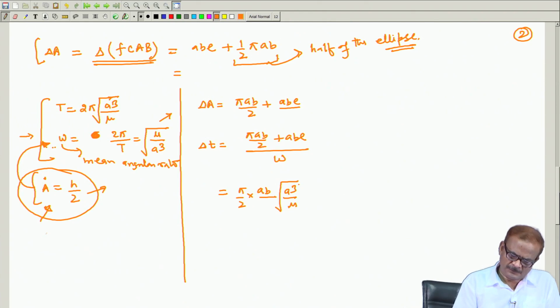Also, one thing we have to note is that this time period is nothing but pi a b divided by omega. This is the whole area of the ellipse, and this is the mean angular rate.